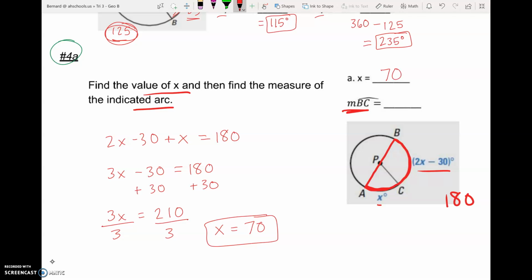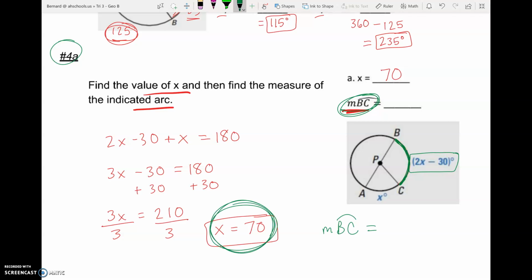And now we have to work on finding arc BC. So we need to know what arc BC is. Let's clear this picture up a little bit. You'll see that for arc BC, we go from B and follow the circle all the way to C. That is simply the part of the circle that is 2x minus 30. If we want to find the measure of arc BC, we will figure out what it equals when we plug our x into the 2x minus 30.